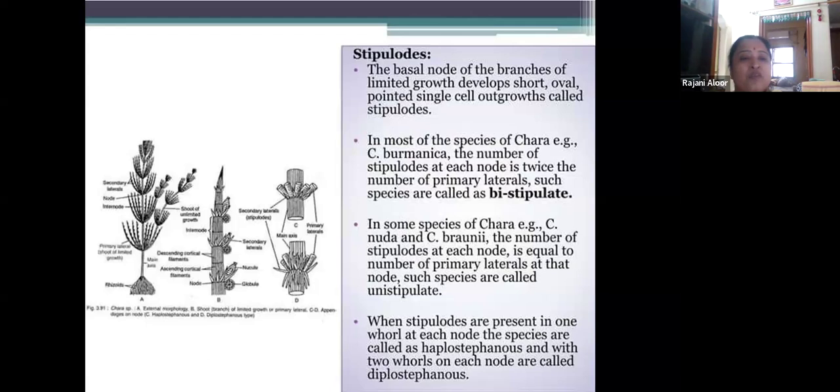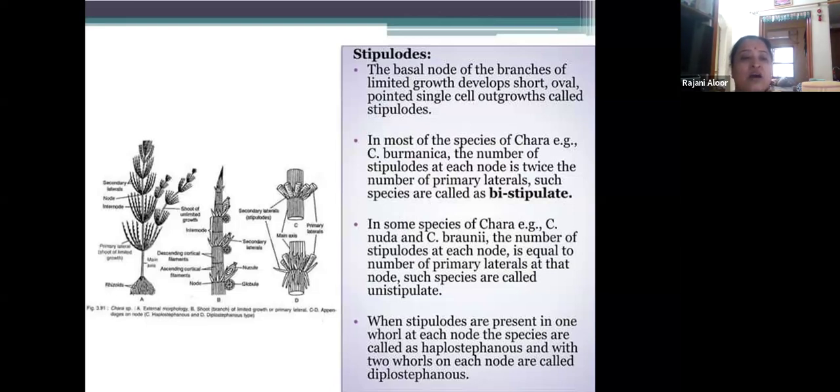In most species of Chara, like Chara burmanica, the number of stipulodes at each node is twice the number of primary laterals. Such species are called diplostipulate. In some species of Chara, like Chara nuda and Chara braunii, the number of stipulodes at each node equals the number of primary laterals.